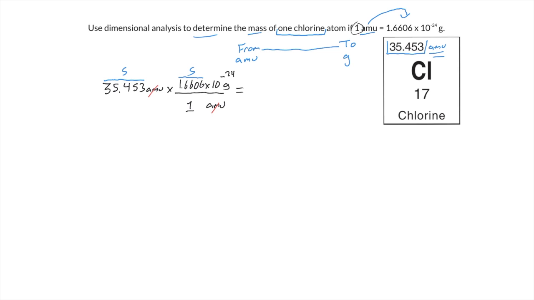That gives me 58.8732518 times 10 to the negative 24 grams of chlorine, or grams per chlorine atom is really what I should say.